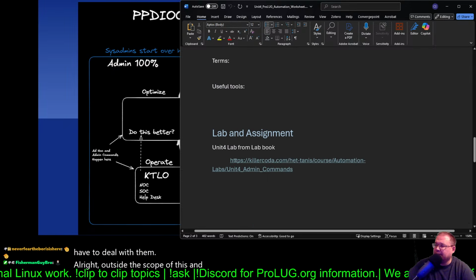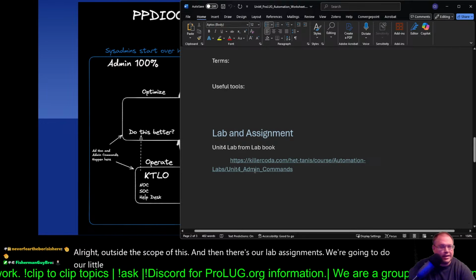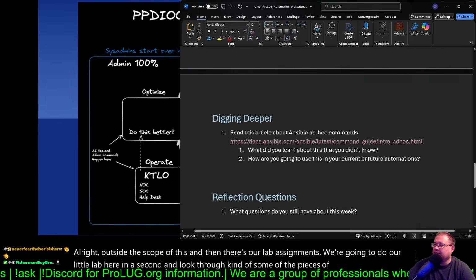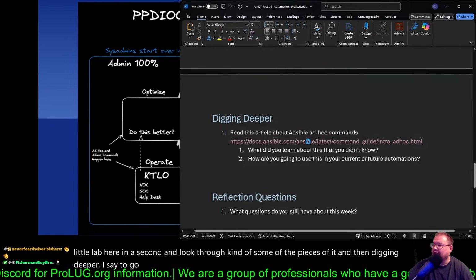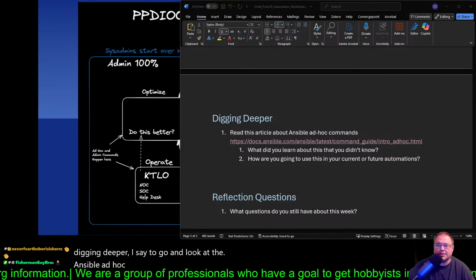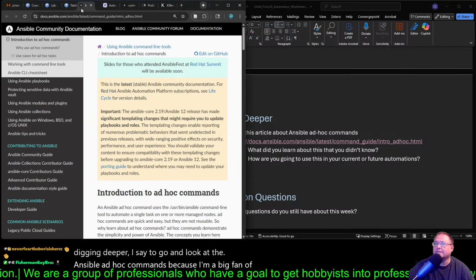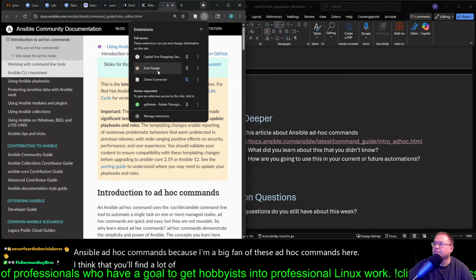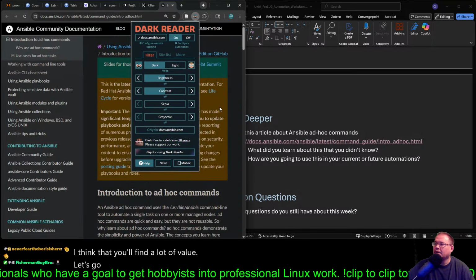And then there's our lab assignment. We're going to do our little lab here in a second and look through some of the pieces of it. Then, digging deeper, I say to go and look at the Ansible ad hoc commands, because I'm a big fan of these ad hoc commands. I think you'll find a lot of value. Let's go to dark mode.